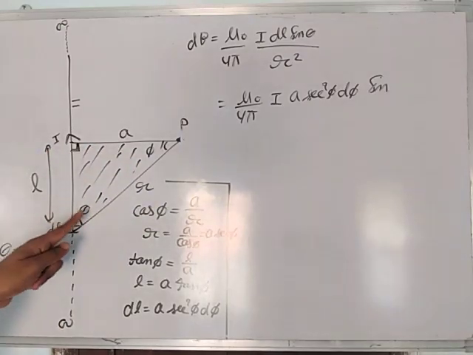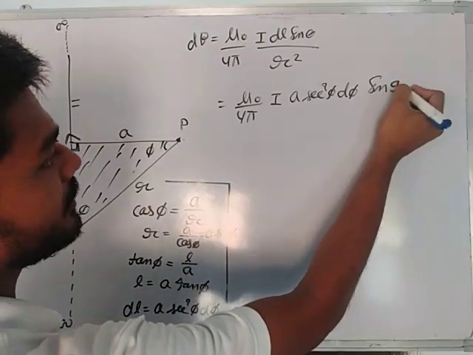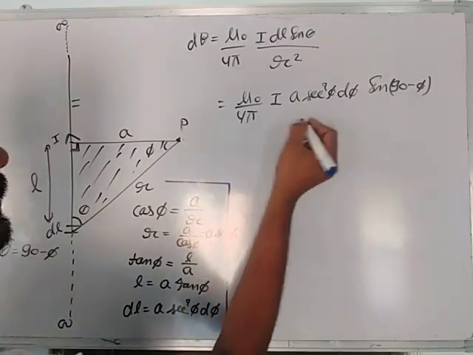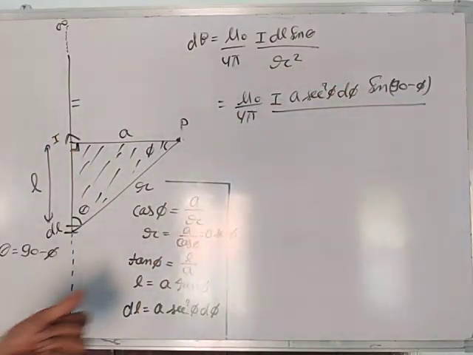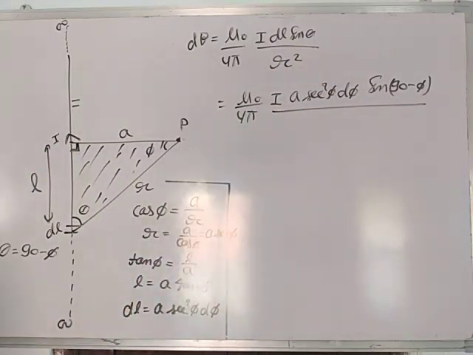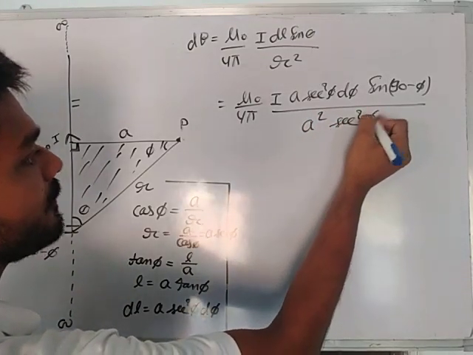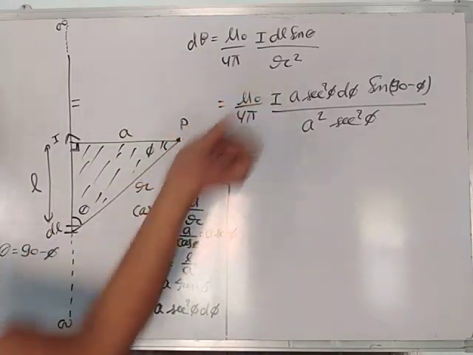We can write theta is equal to 90 minus phi. Substitute sin 90 minus phi upon r square. r is equal to A sec phi, so A square sec square phi, because here there is a square of r.